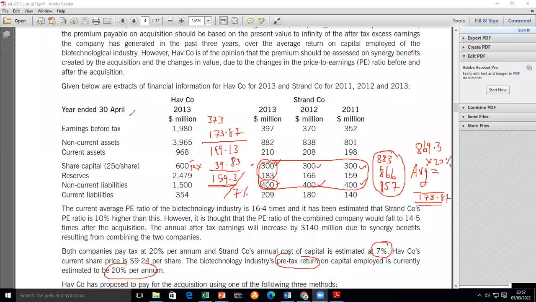What do you get? 2,275.77. So this is really the present value of the excess earnings. That's the value of the intangible.